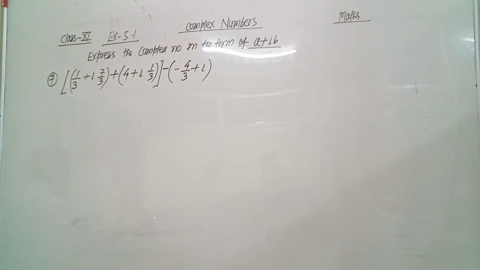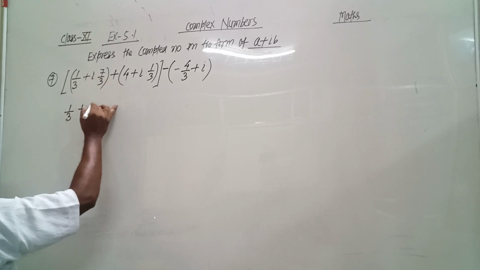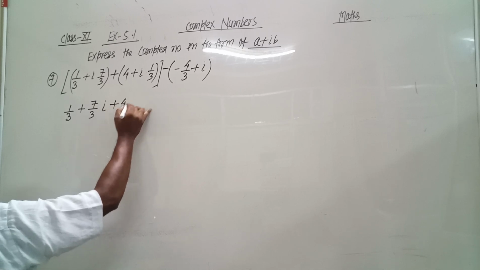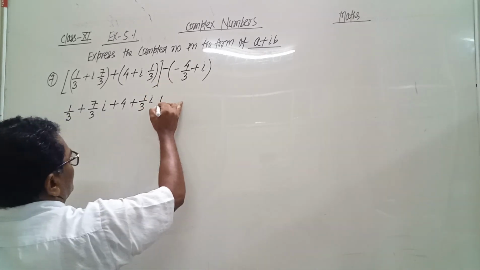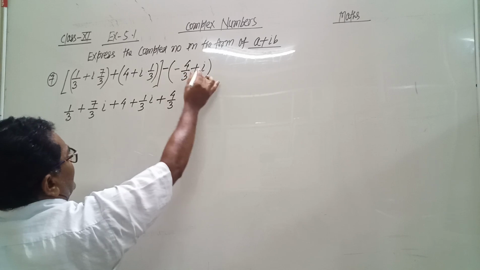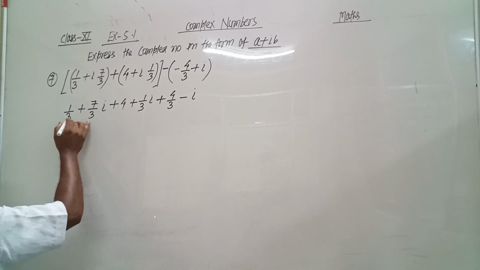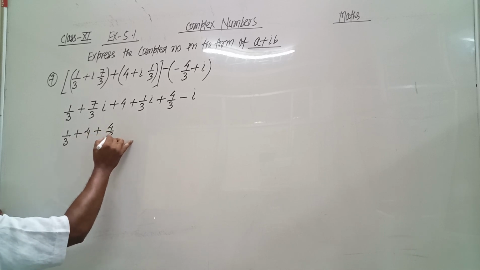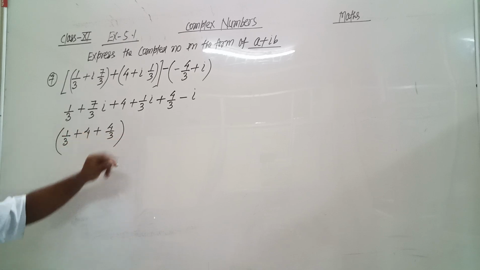So firstly we remove the brackets. 1 by 3 plus 7 by 3 i plus 4 plus 1 by 3 i, then minus minus 4 by 3 and minus i. Now put together the real part: 1 by 3 plus 4 plus 4 by 3.